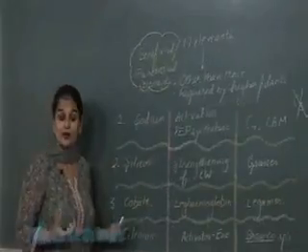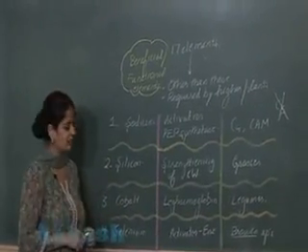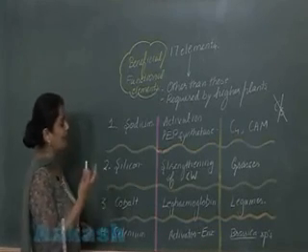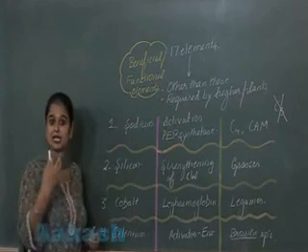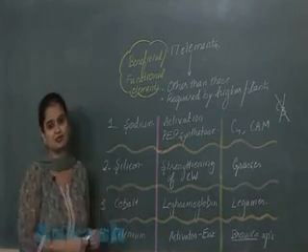Right. So this is all about the types of elements. Now here I will be discussing the form in which essential elements are absorbed by the plant, and what the major functions of these elements are.